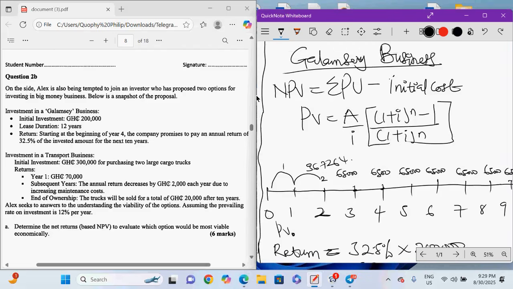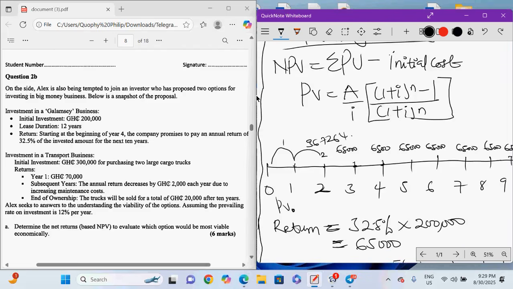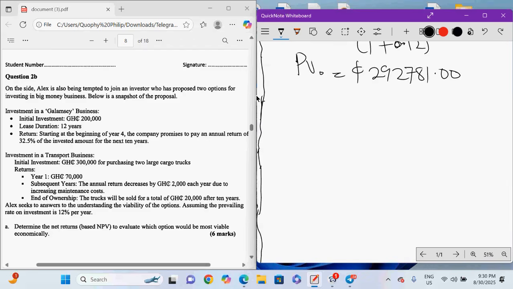So now we want to get the NPV. What is our NPV? NPV is the present value minus the initial cost. So what is the present value? The NPV is the present value, which is 292,781.01 minus what? The initial outlay, which is 200,000, right?